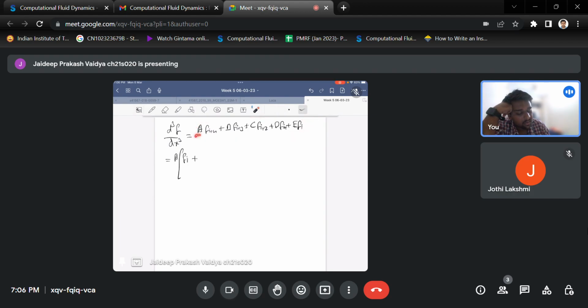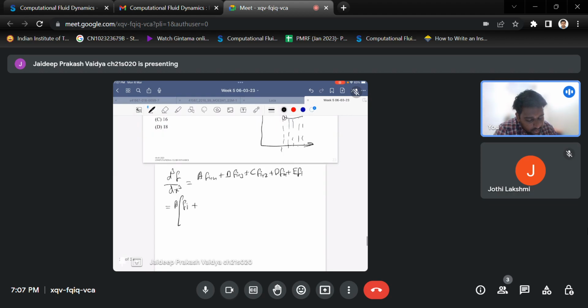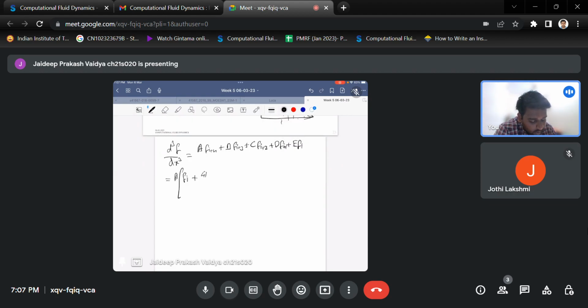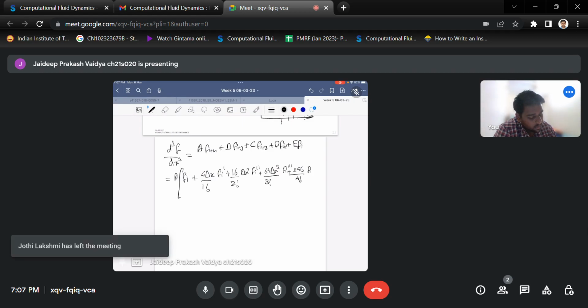Since there are 5 unknowns, 1, 2, 3, 4, 5, we have spanned up to 5 terms. fi, and we use the second term, and since it's an I plus 4, we'll get 4 times delta x by 1 factorial times fi dash plus 16 times delta x square by 2 factorial times fi double dash plus 4 cubed will be 64 times delta x cubed by 3 factorial times fi triple dash plus 4 raised to 4, that means 256 by 4 factorial times fi quadruple dash.